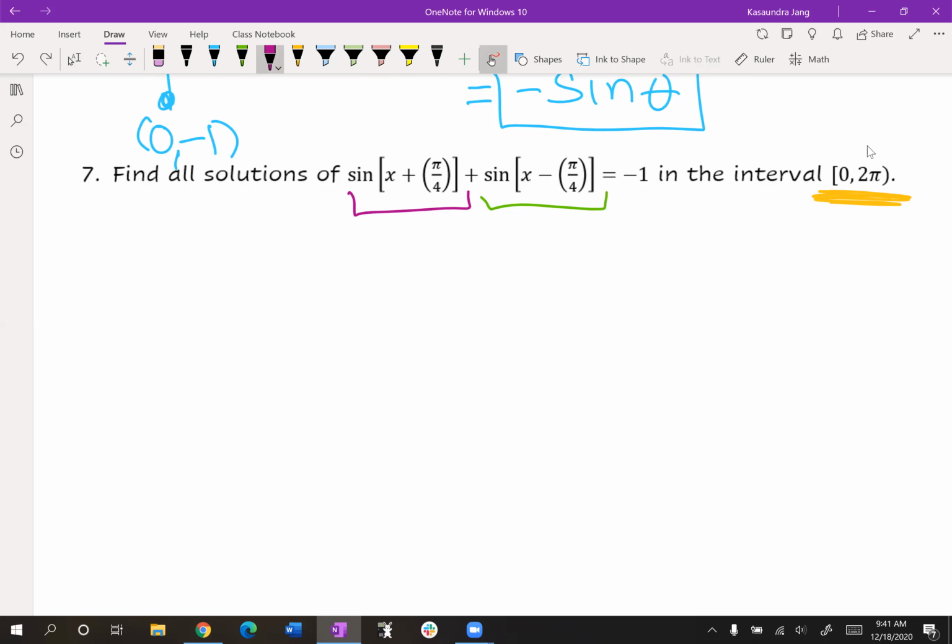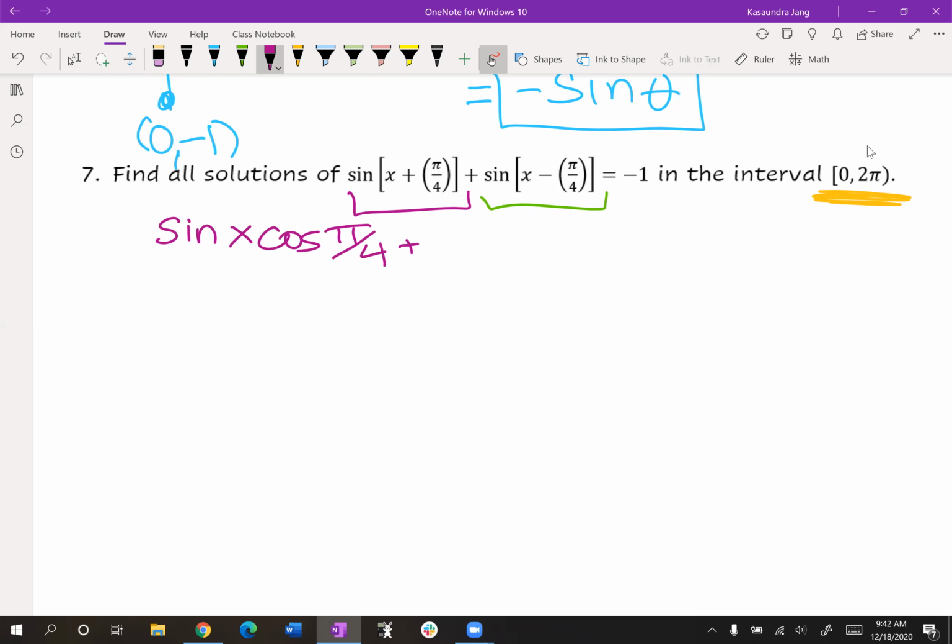All right, so that one, again, you can look at this up at the top. That was my sine of u, so my sine of x, times cosine of v, so cosine of pi fourths. All right, and I'm gonna go with the same sign here. I'm gonna do addition still.